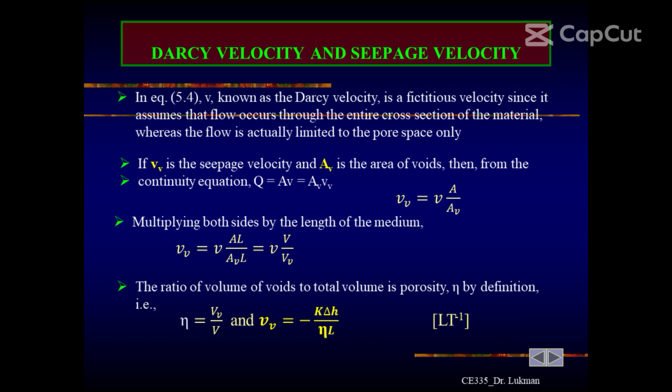And in this case, we define q as Q over A. So q in terms of this is going to be minus K dh/dl. So basically, when we slot it here, it is now going to be v equals q over n.